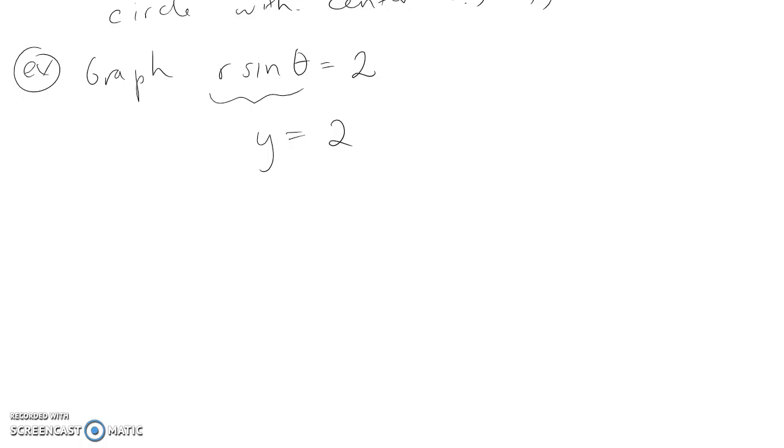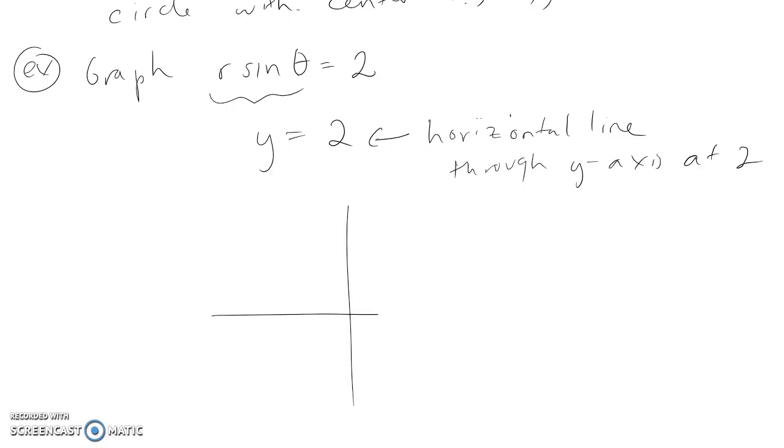So this equation is really just y equals 2, right? That's a vertical line. No, I'm sorry, it's not a vertical line. It's a horizontal line, pardon me. I was thinking horizontal, but I wrote vertical. It's a horizontal line through the y-axis at 2, right?